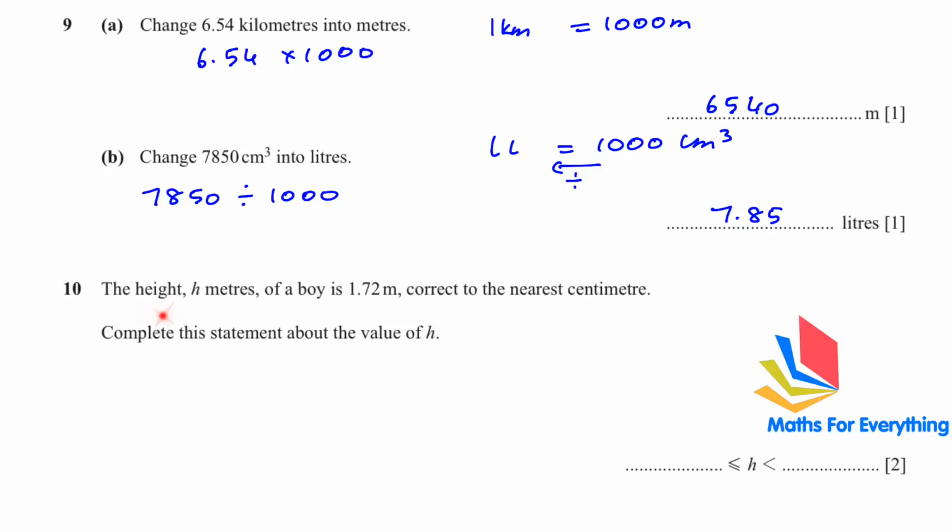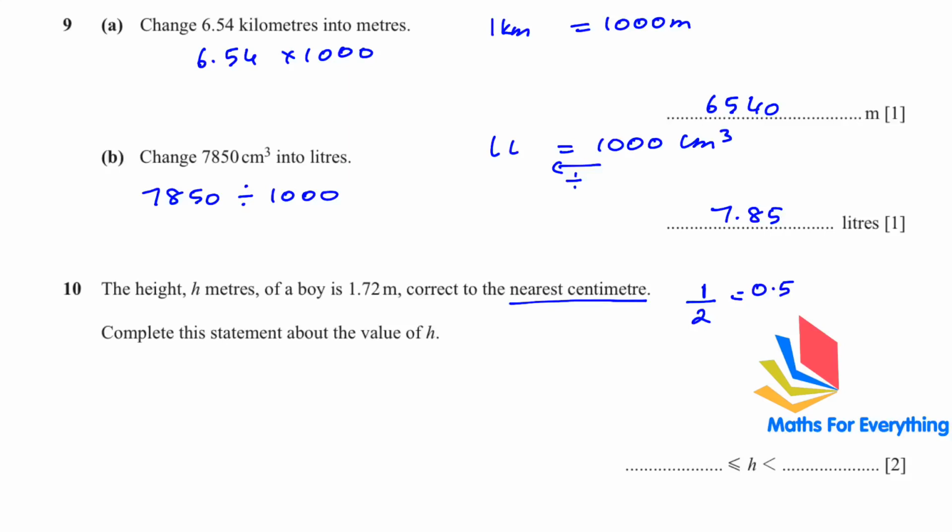Next, the height h meters of a boy is 1.72 meters correct to the nearest centimeter. Complete the statement about the value of h. We have to correct it to the nearest centimeter, nearest 1 centimeter. Whatever our value of correction is there, divided by 2. So we have 0.5.